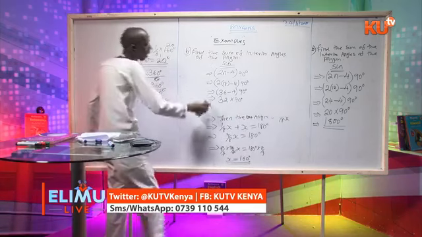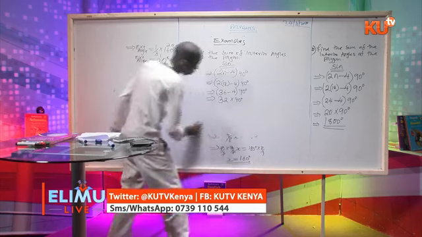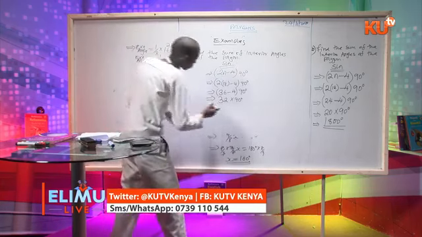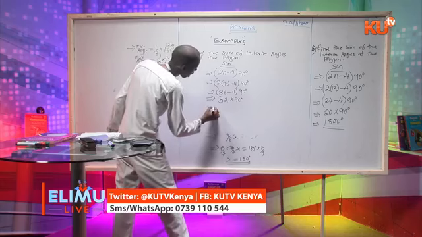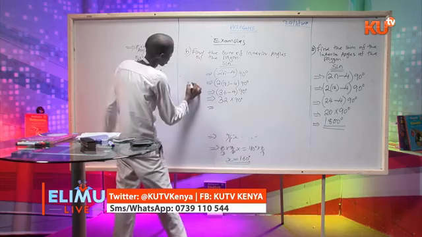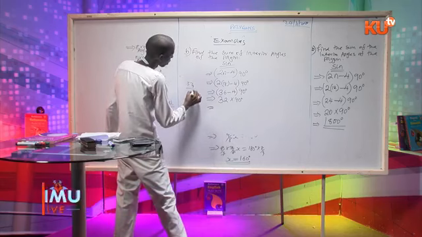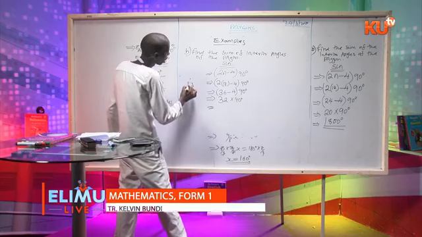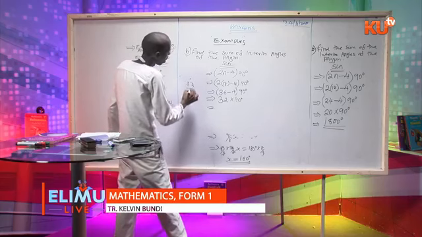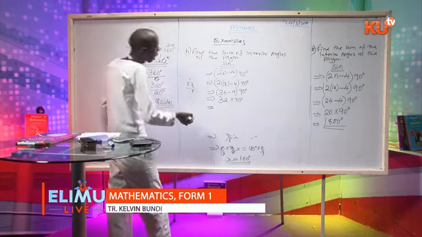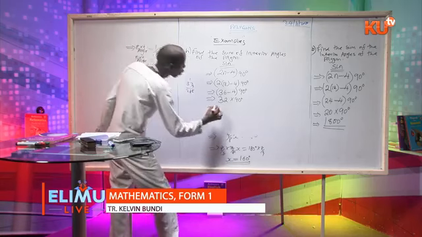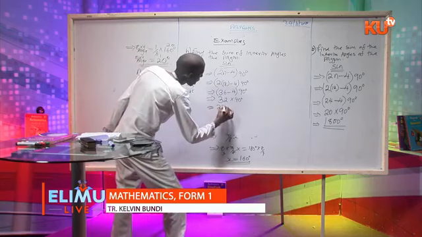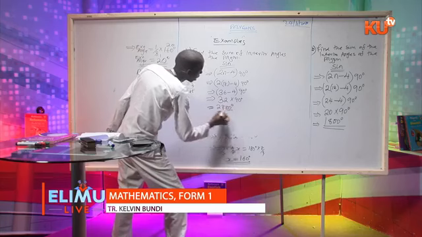So you take 32 multiplied by 90 degrees. 2 times 9 is 18, that is 8, carry 1. 3 times 9 is 27 plus 1, 28, and therefore you'll have 2,880 degrees.